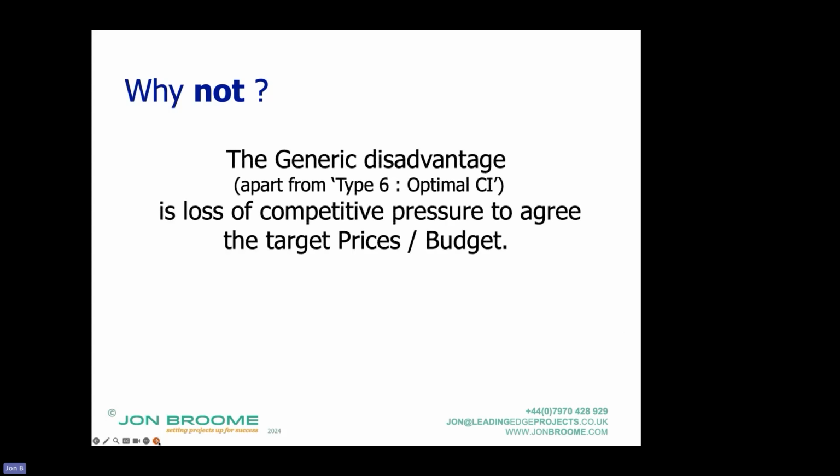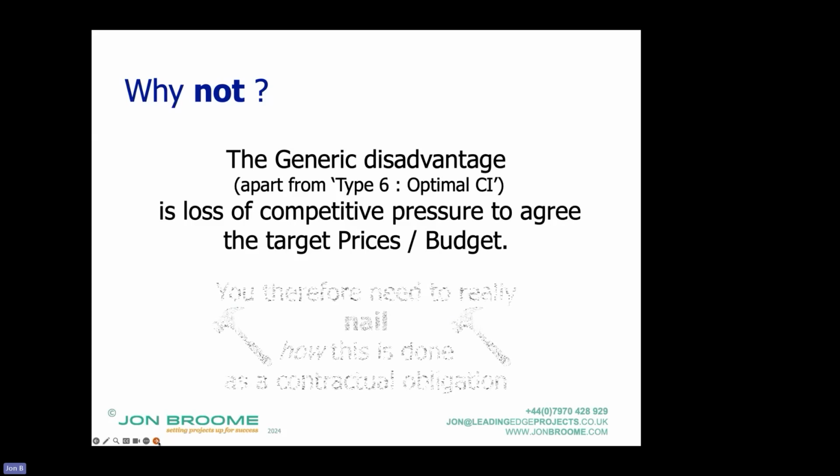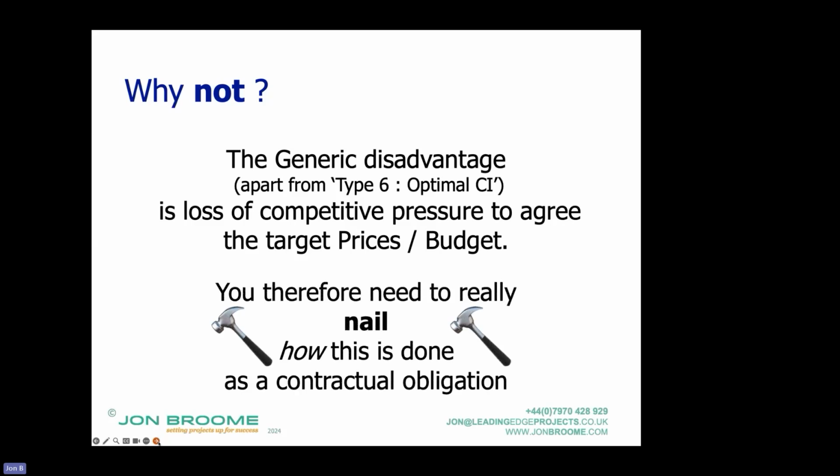But the biggest why not is loss of competitive pressure to agree the target prices or the budget. So we'll come on to what the budget is. So what does that imply? It implies you really need to nail down how this is done as a contractual obligation.